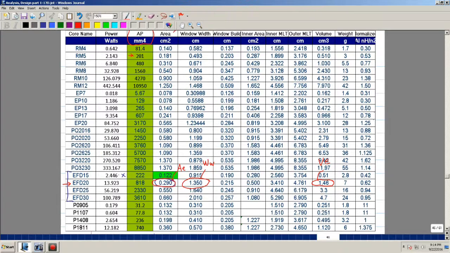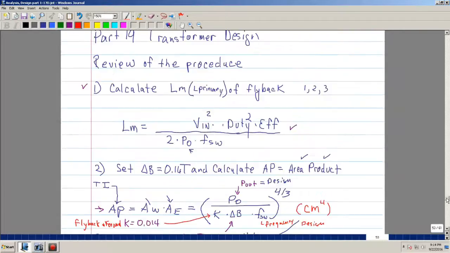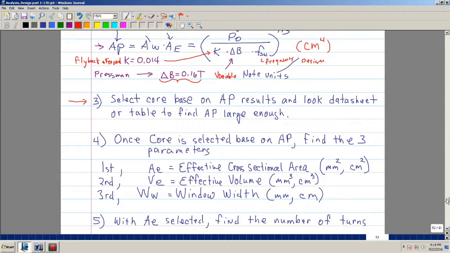Let me go back and see what information you need. We've already completed this: we select the core, and I selected an EFD, I believe, 20. Now I need to do number 4.